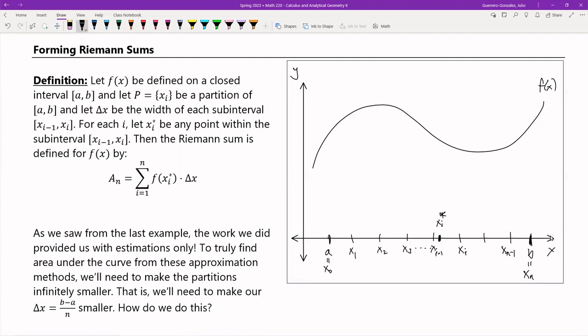So I'm going to carry this up to right here, and then this is going to be the left bar, and this is going to be the right bar, up to about there. That is the only difference. It is dictated by a random x i star point that's somewhere inside our subinterval.